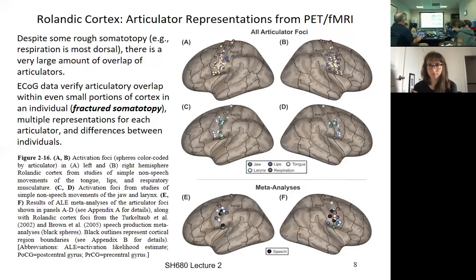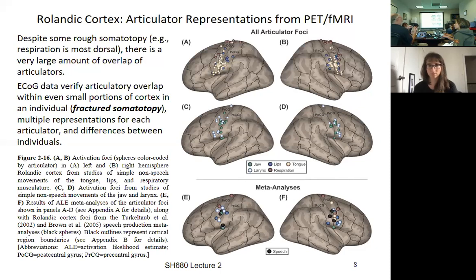One term: for speech, for example, you have the jaw and the lips and the tongue all represented right near each other, even though there are also a lot of tongue things near each other. The property of the cortical surface matching the body surface, meaning that things that are nearby each other on the skin are nearby in the cortex, is referred to as somatotopy.